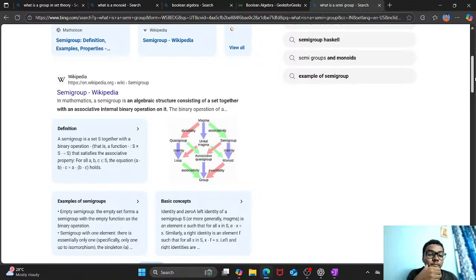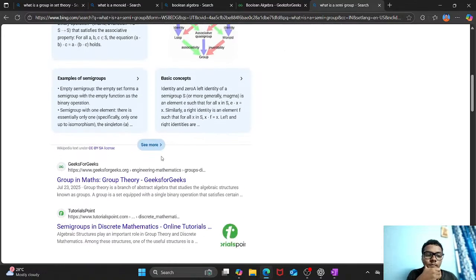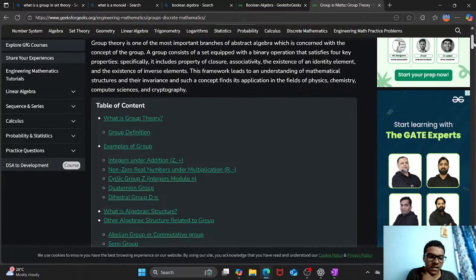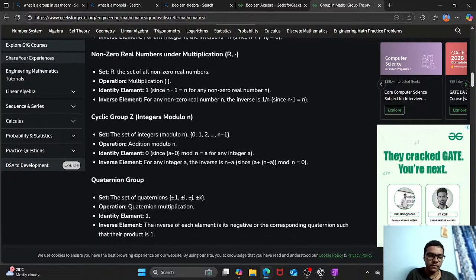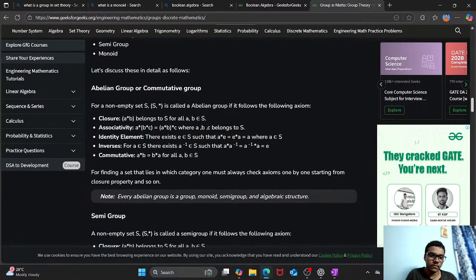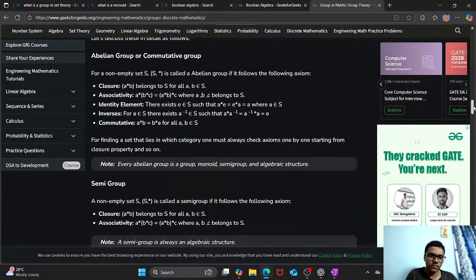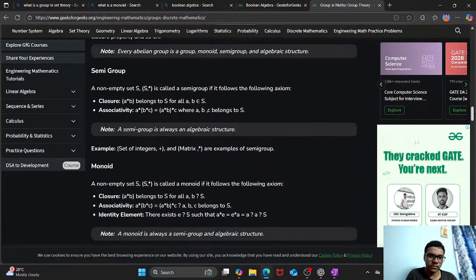I am trying to speed run. Closure and associativity.